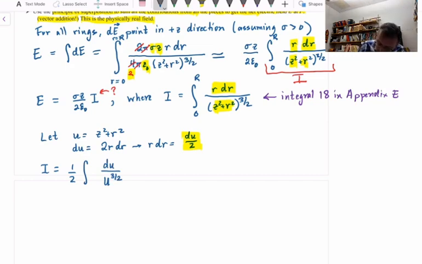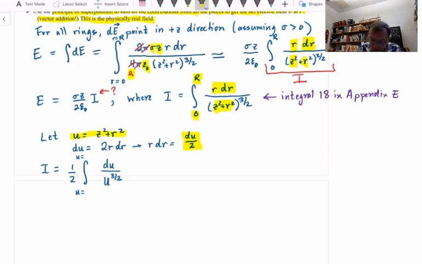Let's put the new limits on the integral. Now these are u values, right? You figure out the u limits by taking the r limits you had in the original integral, 0 to big R, and then this formula that defines u. So to get the lower limit for u, plug in the lower limit for little r in the u formula.